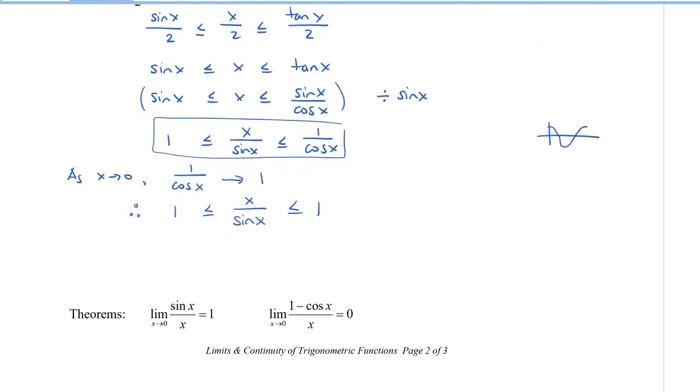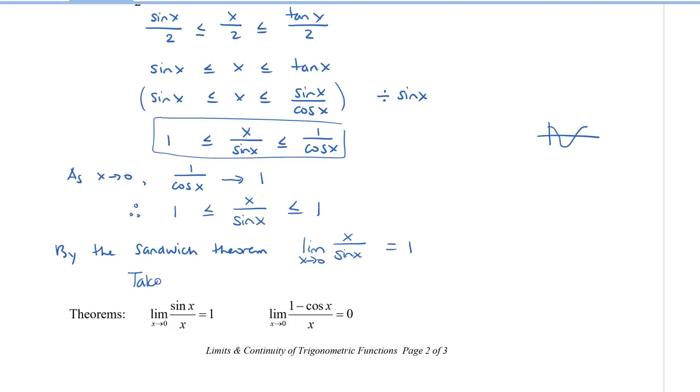So here we can see that by the sandwich theorem, since my lower and upper bounds are 1, then the limit as x approaches 0 of x divided by sin x must also equal 1. Now if I take the reciprocal of everything, this would still be 1, this would still be 1, and I would take the reciprocal here, then I would also have sin x over x.